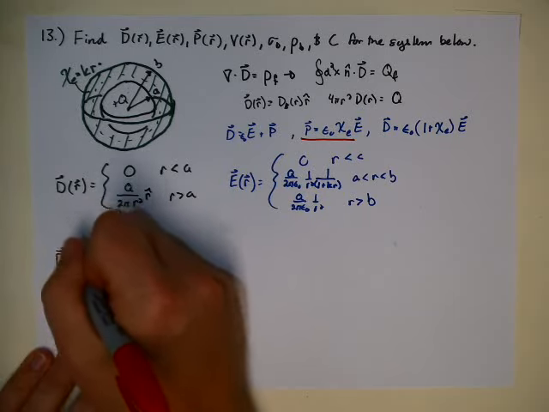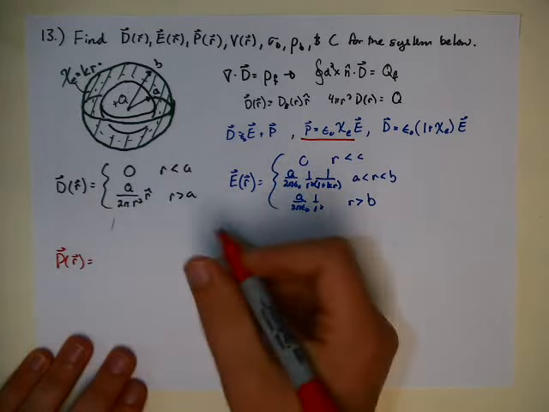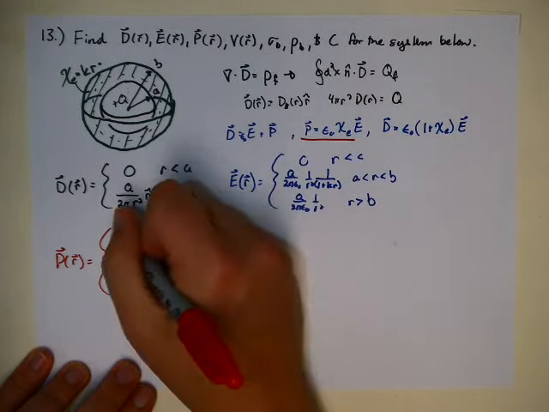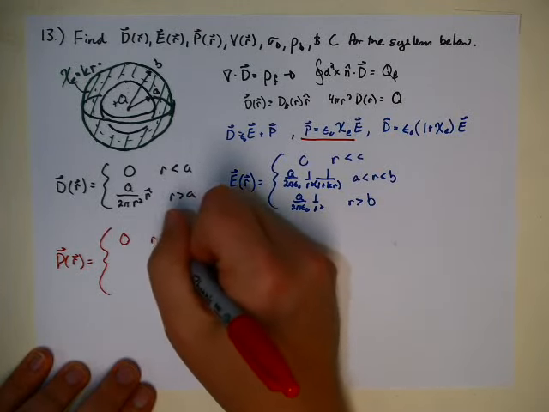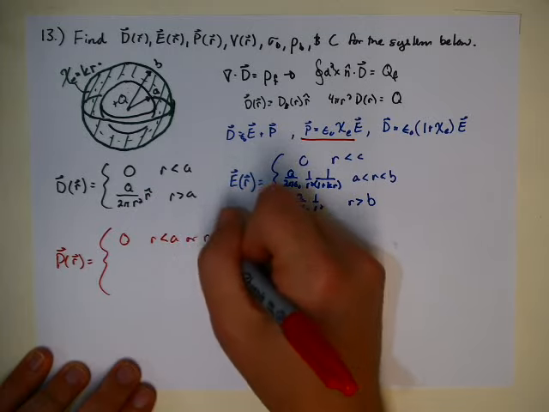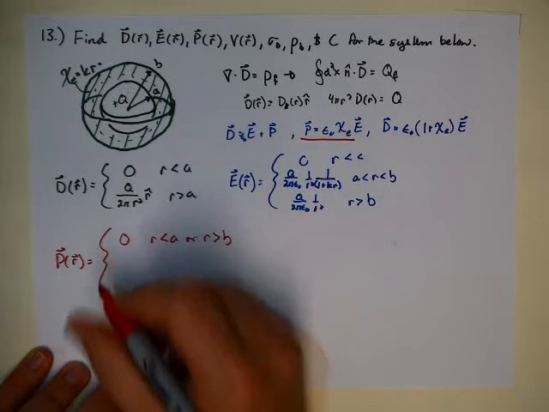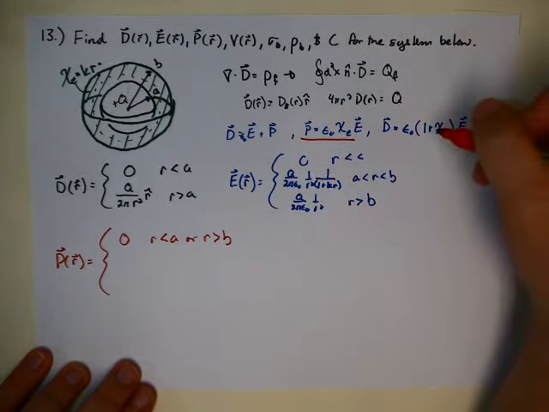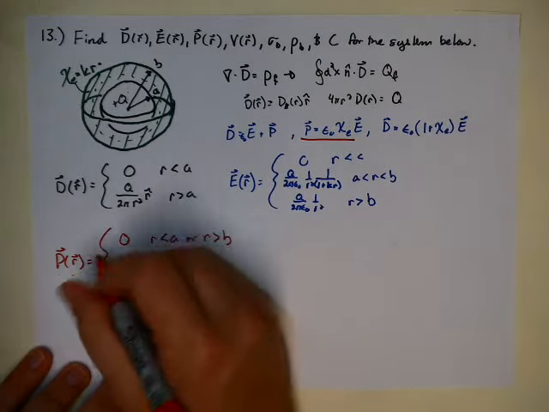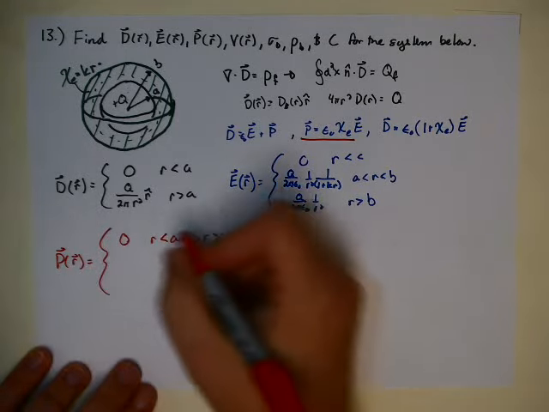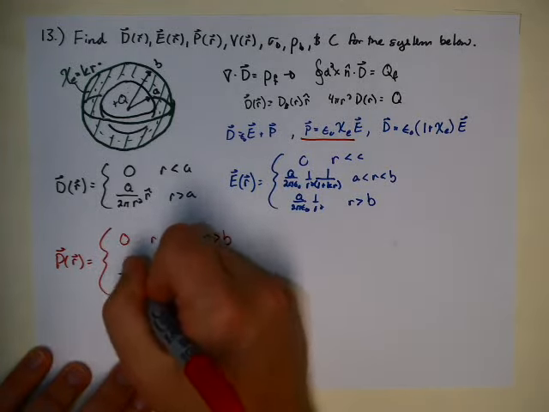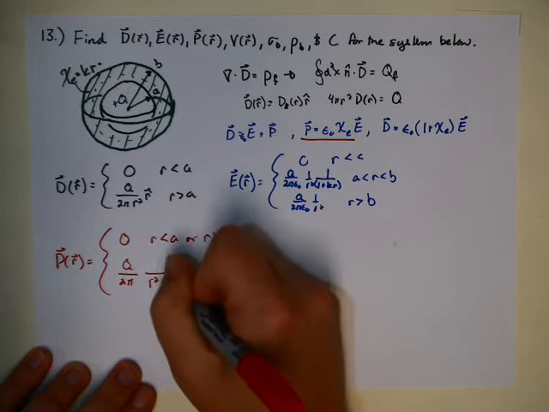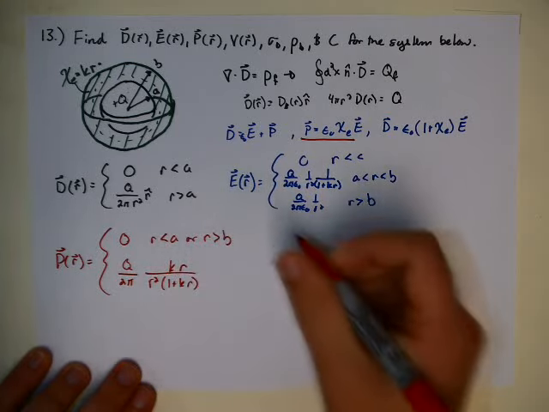The polarization field is going to be 0 if r is less than a or r is greater than b, and we're going to get simply epsilon naught times chi e times E, and so this will give us Q over 4 pi, kr over r squared, times 1 plus kr.